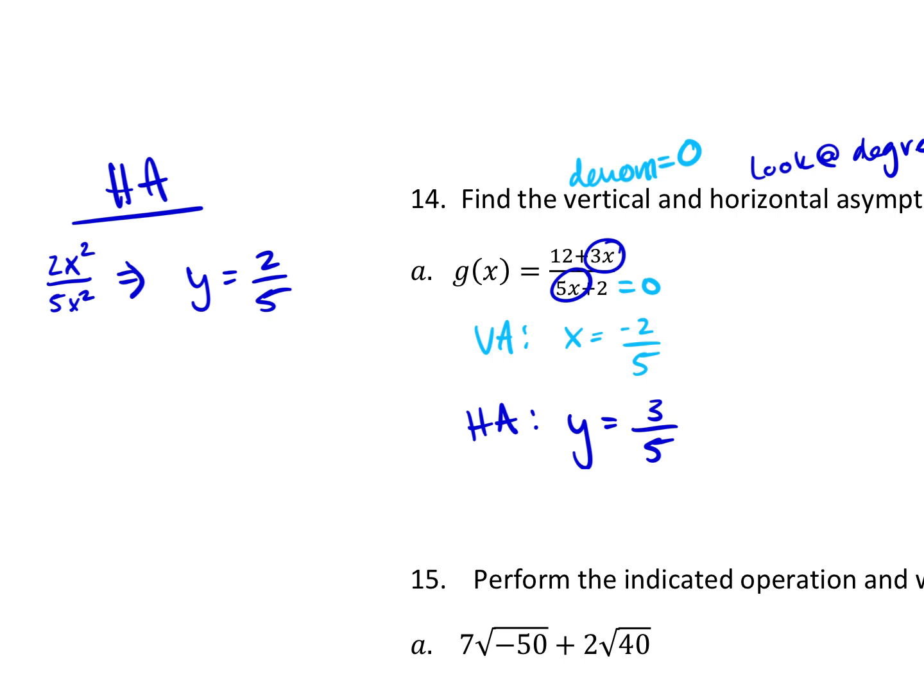If the numerator is higher than the denominator, if we had like x cubed over x, then we would have no horizontal asymptote. If our denominator has a higher degree, let's say we had x over x squared, our horizontal asymptote would be y equals 0. So these are the rules for the horizontal asymptotes.